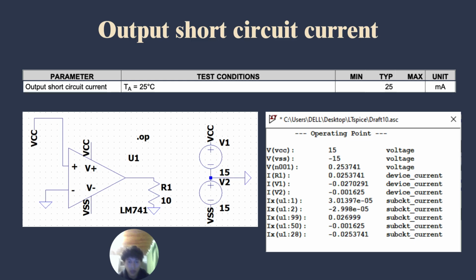And in LTSpice, we simulate that with this 10 ohm resistance to measure the current that flows through it, and we can see the value here of 0.025 amperes, and that is 25 milliamperes. So as the manufacturer said, that's the value.